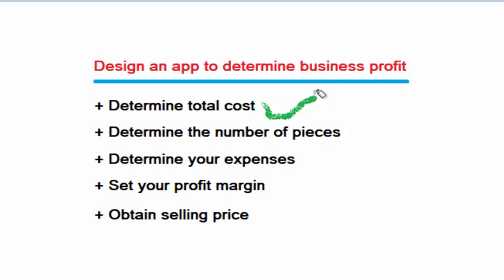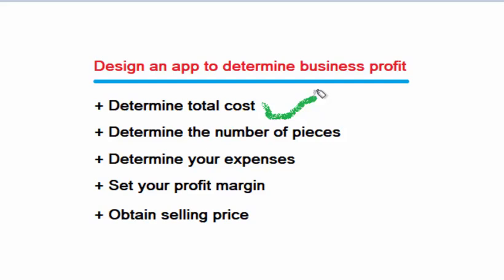The second thing to look at is how many pieces I want to produce from my total cost. If I want to bake 20 loaves of bread, I might need maybe 10,000 bucks.